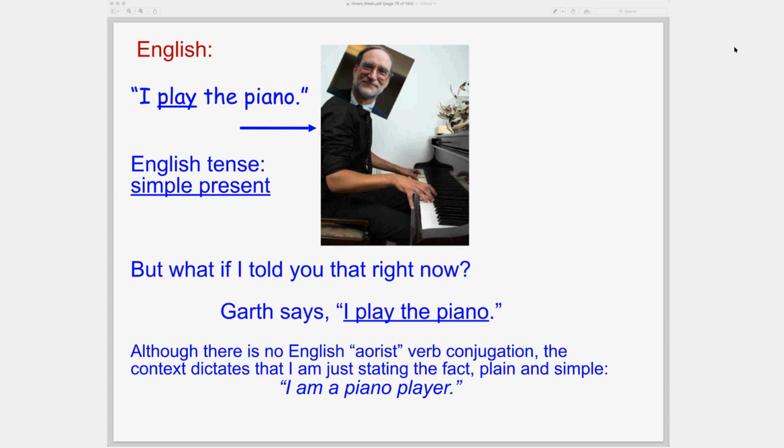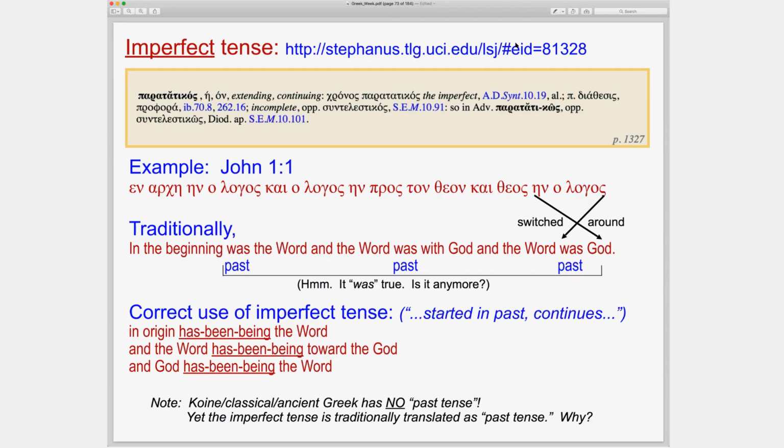Thanks, brother. Looking at John 1:1 that you had shared, is there a reason? You mentioned that the articles are sometimes used to provide some emphasis.